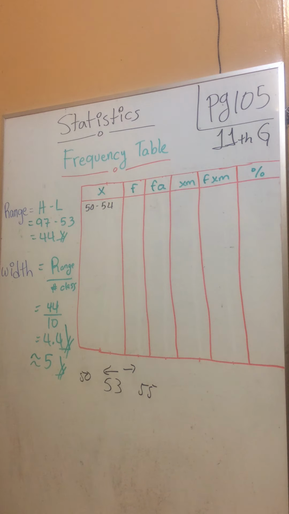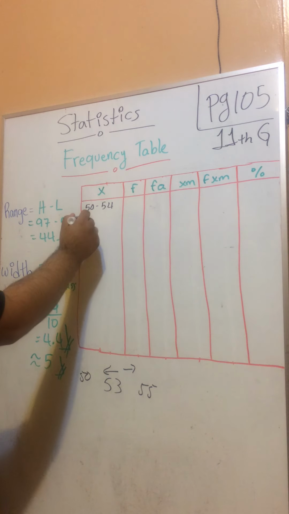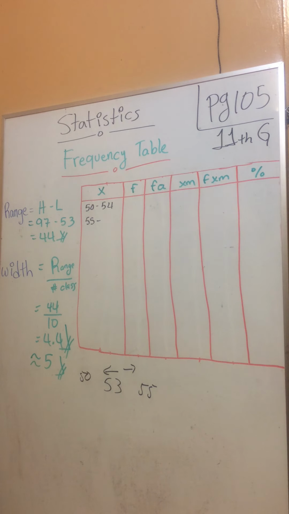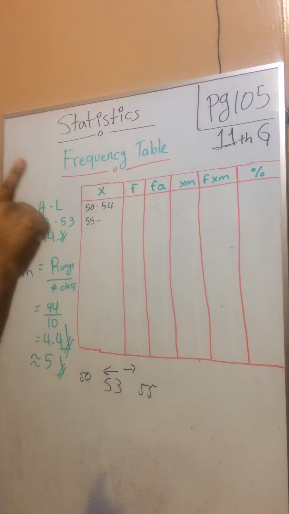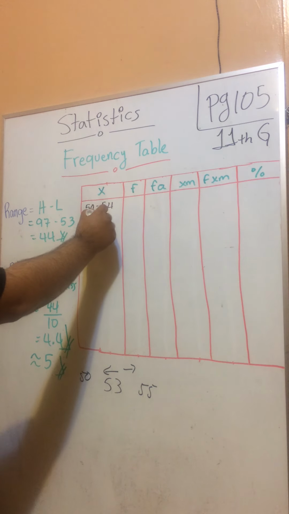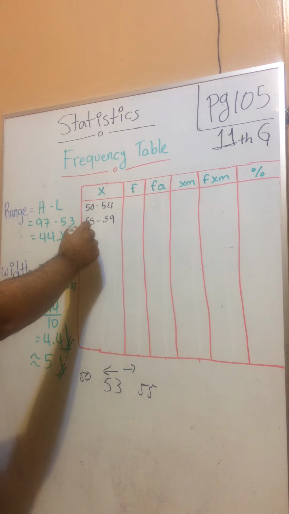Okay. The next group is going to start at 55 and is going to go up to, so if you notice, 55, 56, 57, 58, 59. Okay? And the same thing for the other ones.